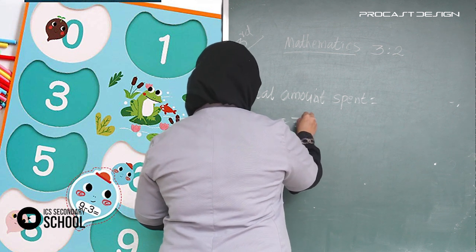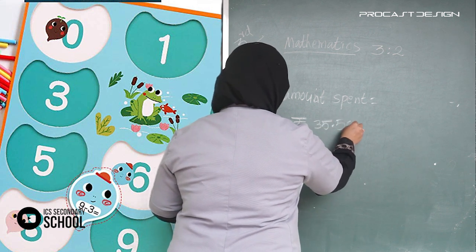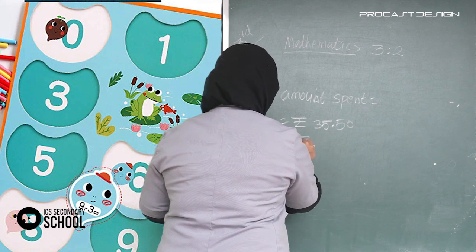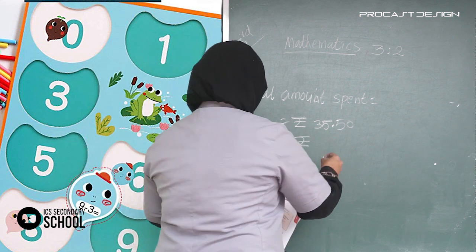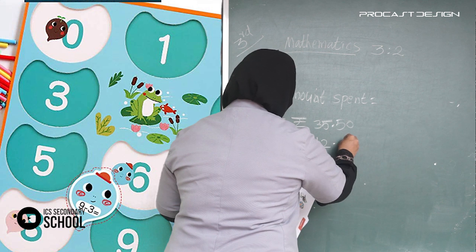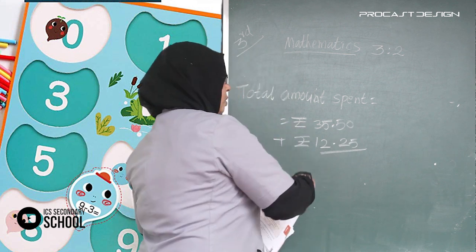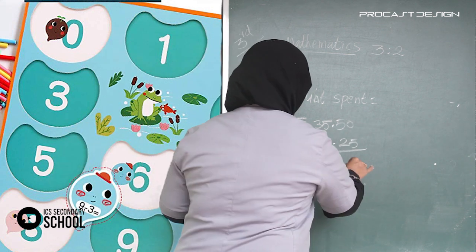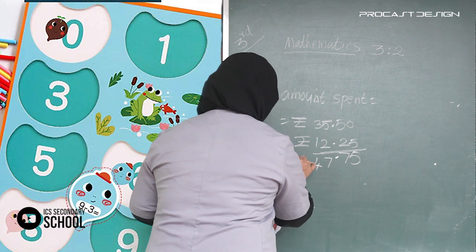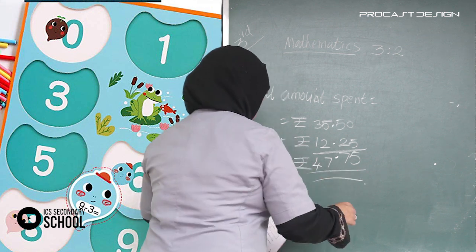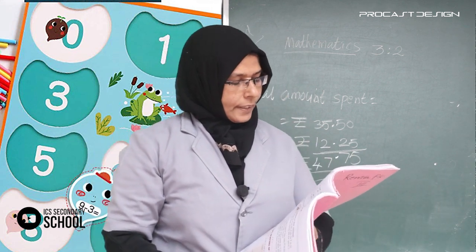Rupees 50 plus rupees 12.25. Listen, add these two. 5, 7, and 4 rupees, 75 and 75 paise. Okay, all of you listen.